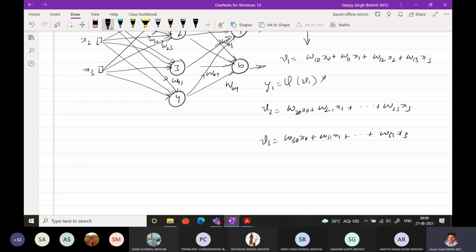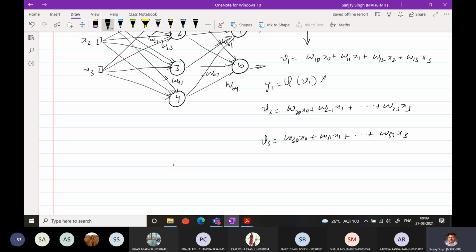Now, when you write this equation, is it possible to write such an equation in matrix form? Can we do so? Yes, we can.